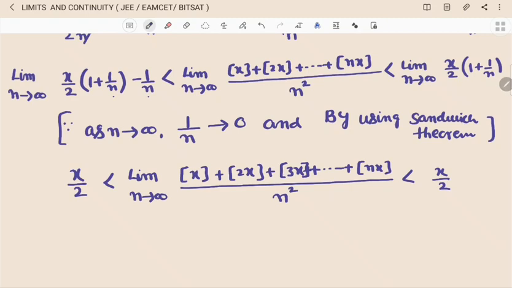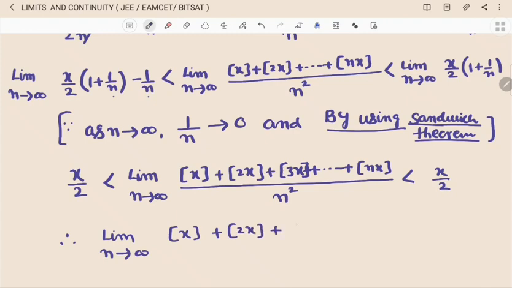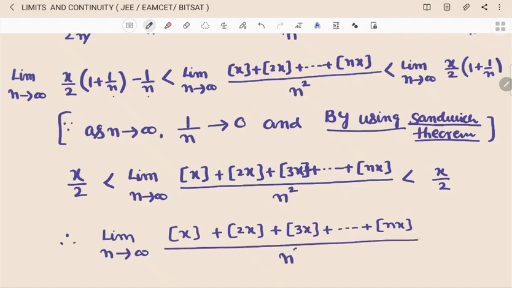According to the sandwich theorem, any limit lies between the same values. Therefore, by using sandwich theorem, we conclude that limit n tends to infinity step x, step of 2x, step of 3x plus and so on, step of nx divided by n square is equal to x by 2.